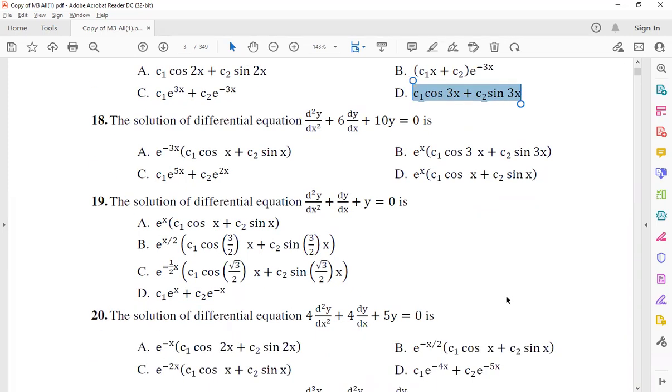Next. 18. A is 1, B is 6, C is 10. -3 it is showing, but they're showing RI. So you have to press shift and equal. -3 plus i, -3 minus i.